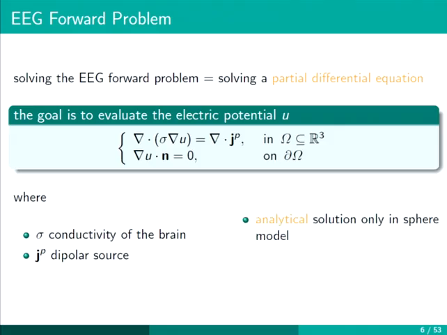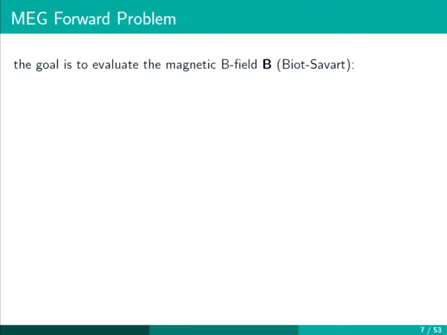If omega is a sphere, then U can be written analytically. There is an analytical solution. If omega is a more sophisticated, more realistically shaped head model, then we have to look for a numerical solution.